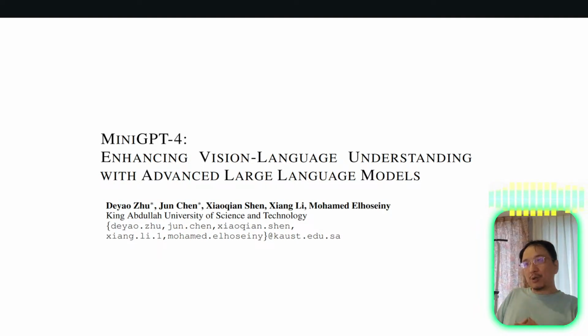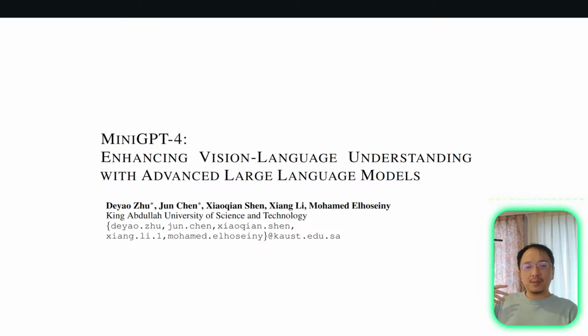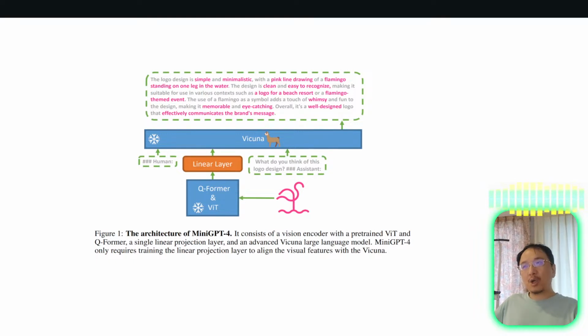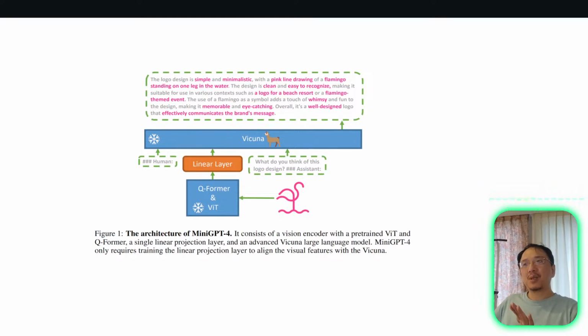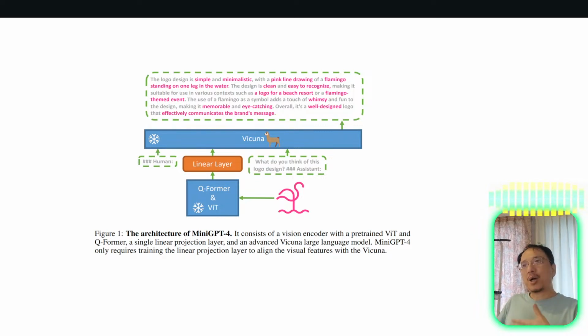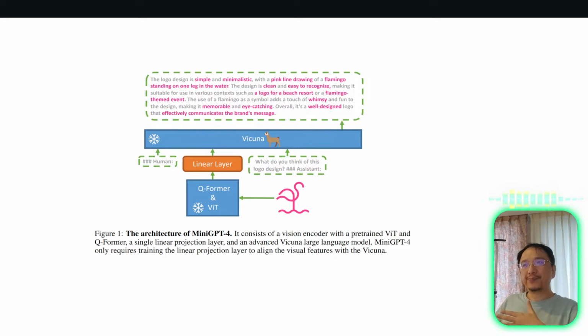Another interesting approach is MiniGPT-4. Compared to LLaVA, it uses a more complicated encoder, the Q-Former, like in BLIP. But it also constructs some datasets, kind of like LLaVA. The interesting part here is using the Q-Former instead of just one linear layer. It uses the Q-Former and the linear layer.